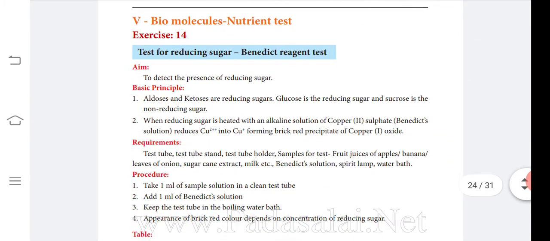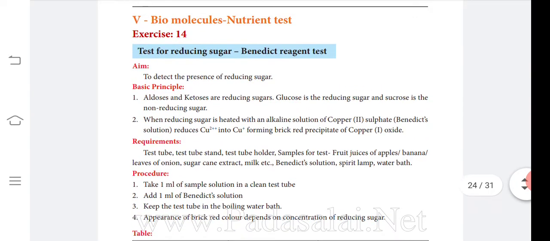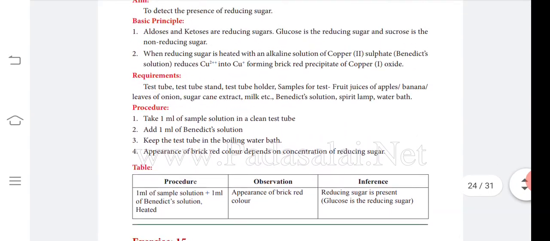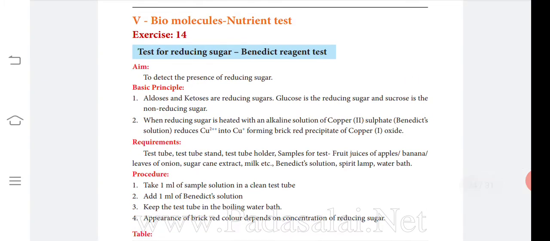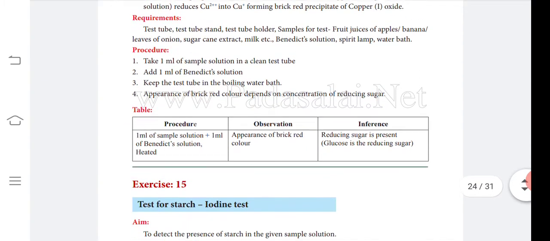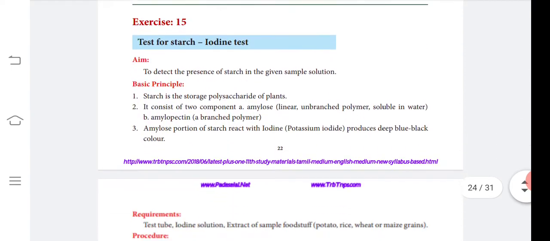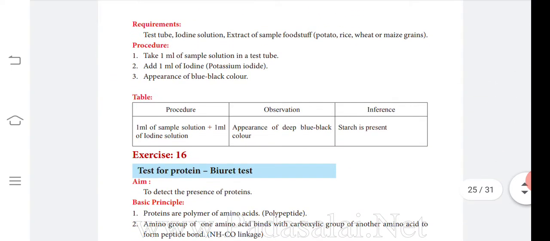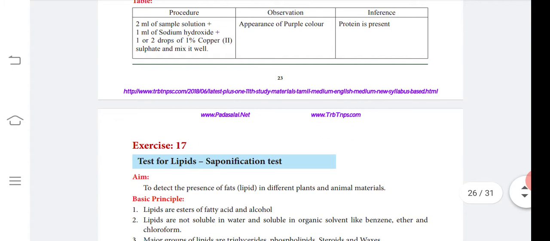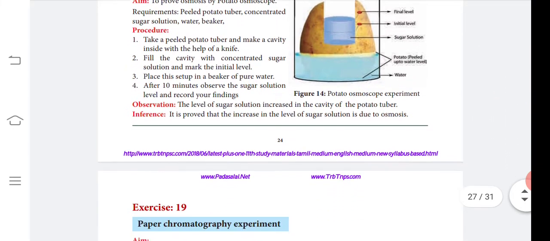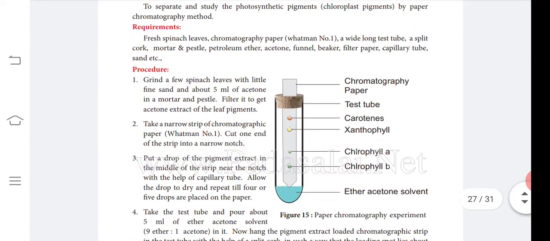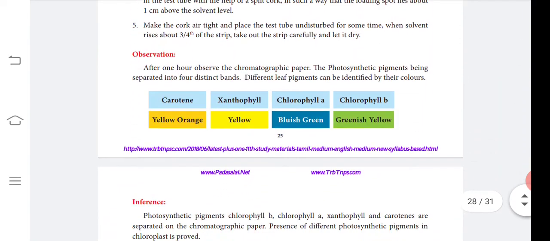Only writing notes. Then moving on to the other, biomolecule nutrient test. Here the tabular column should come towards the left-hand side of your record. All tabular columns towards the left-hand side of your record. Then this one diagram towards the left, and all the other notes towards your right-hand side.